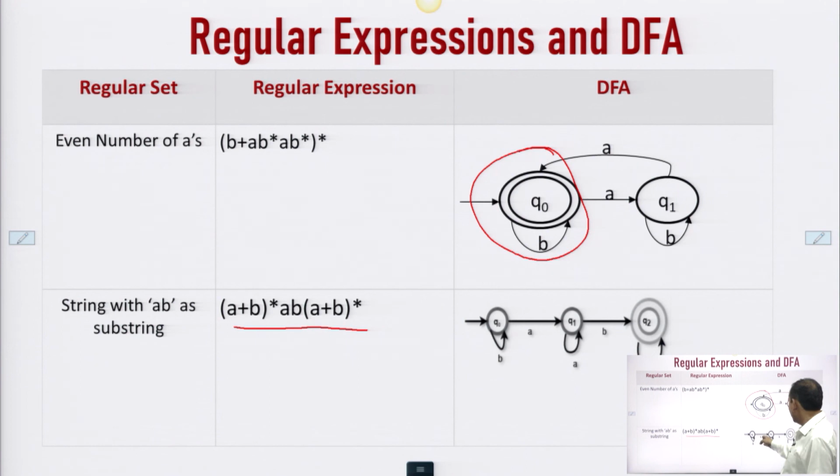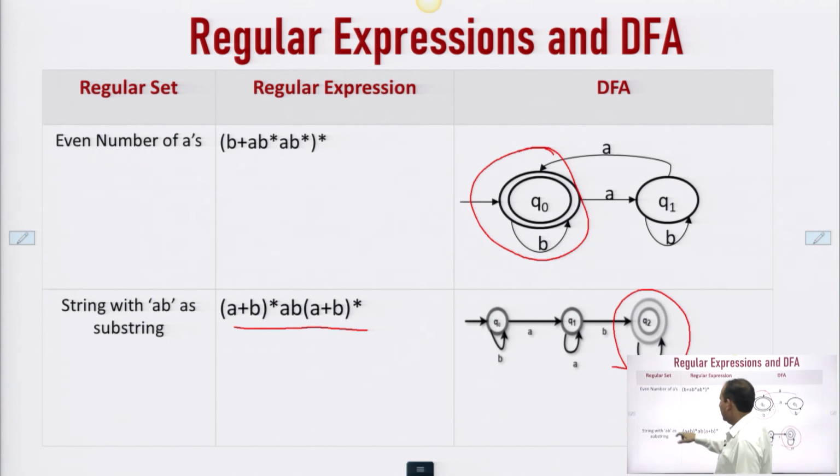If A is the input, it goes to Q1. If B is the input, it has a self loop. In Q1, if A is the input, again a self loop. If B is the input, it goes to Q2. Once the machine is in state Q2, it means it has encountered A and B, so it will remain in the final state. So this is the DFA for strings with AB as a substring.